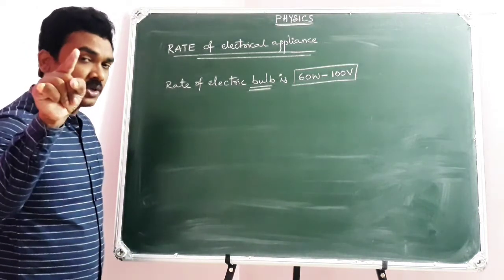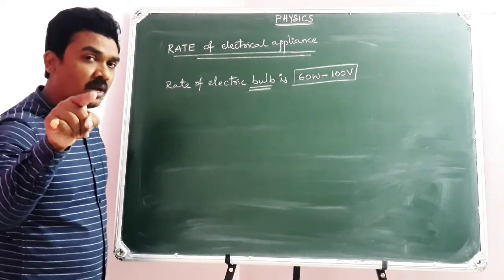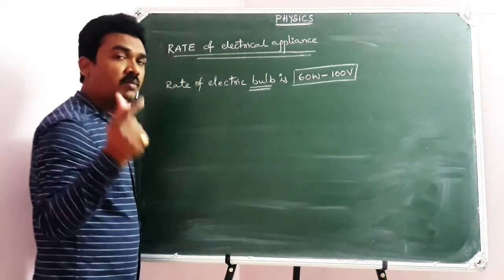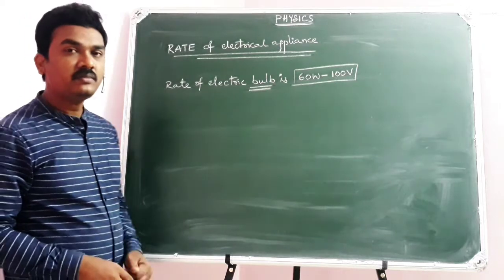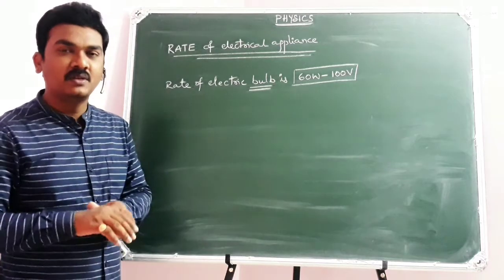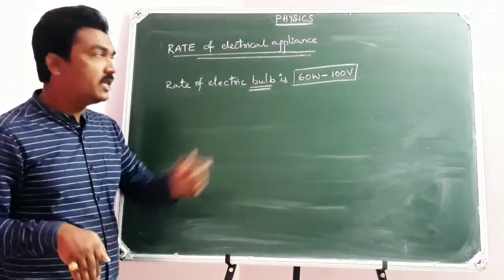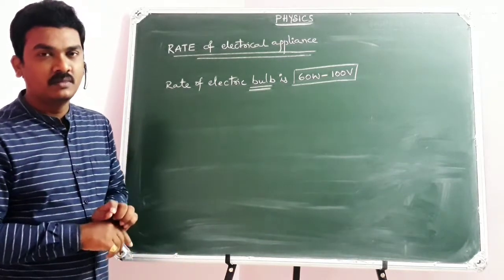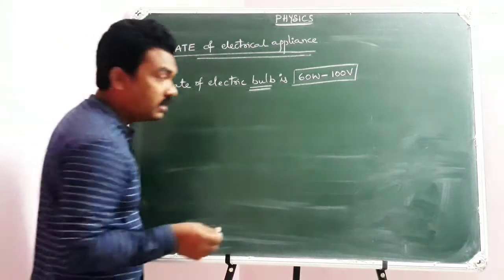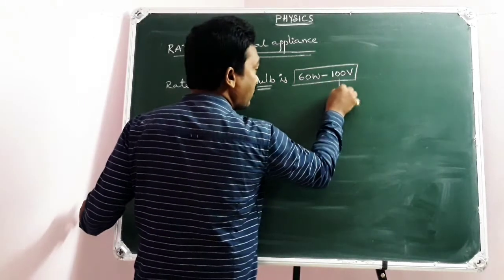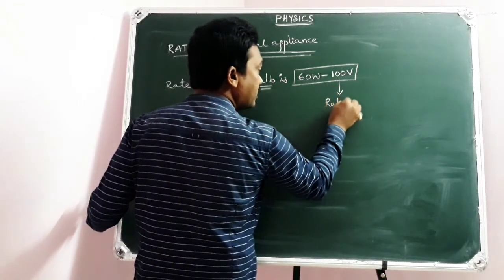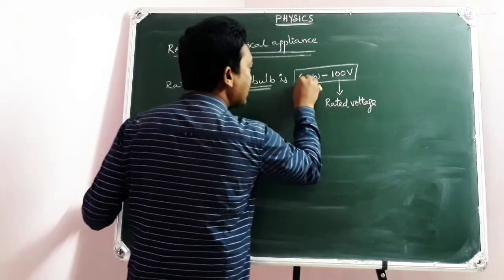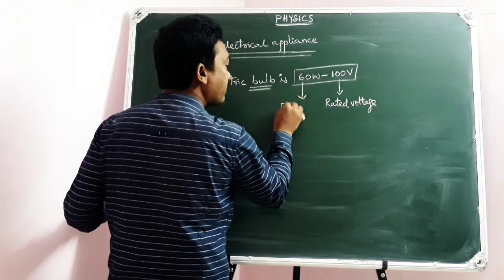It means if the potential difference across the bulb is more than that voltage, then your bulb will get damaged. Your appliance will get damaged. It can be less than that voltage, but it should not exceed the particular voltage. That is the reason why this voltage is called rated voltage and this is called rated power.